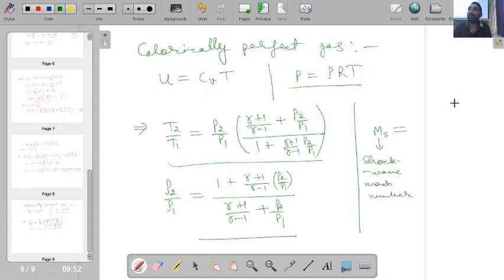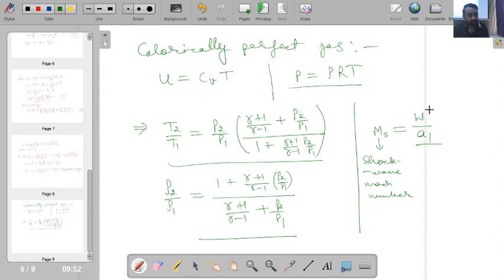So though our fluid medium 1 is stationary, I can still define the speed of sound in that medium. Because I am defining a shock wave Mach number, I can take the velocity of the shock wave in place of velocity of fluid, and consider it with the speed of sound corresponding to the stagnant fluid, A1.